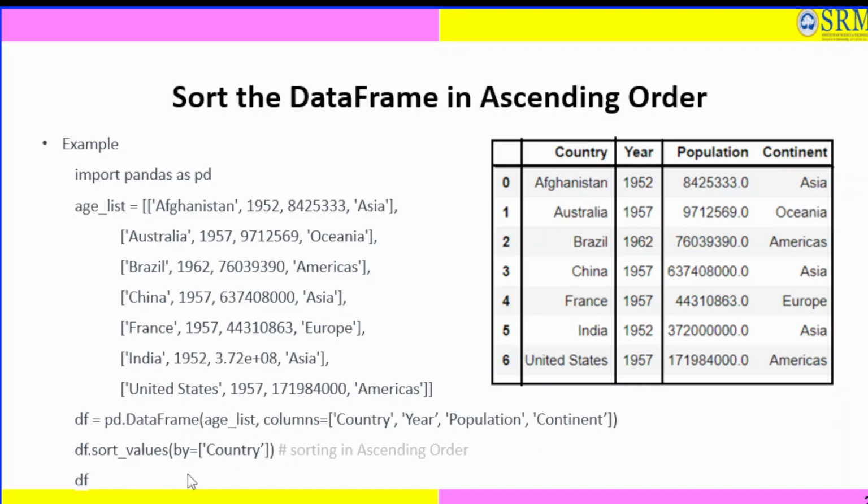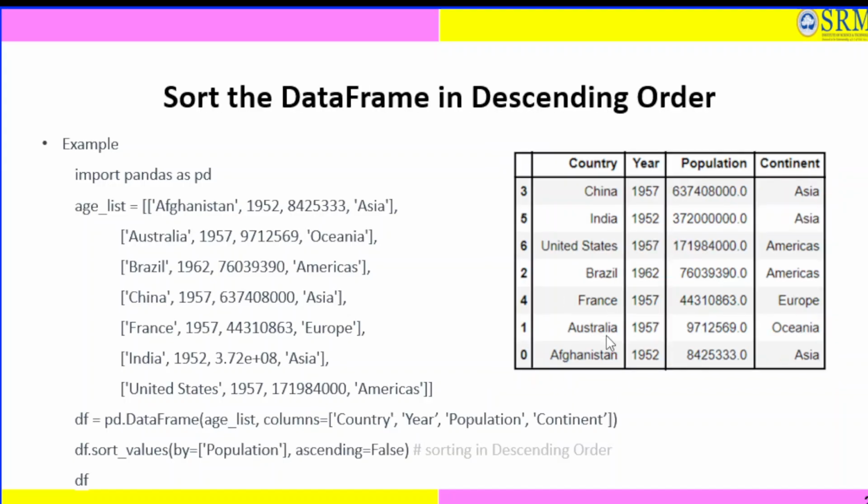Now it is going to sort the data frame by using country. The country values have been sorted: A, B, C, F, I, United States. If I sort by year, it gives 1952, 1957, 1957, 1957, and like that it is going to sort based upon the year.